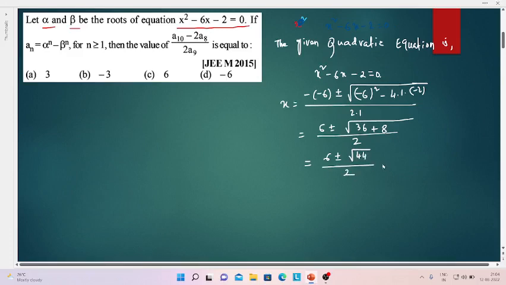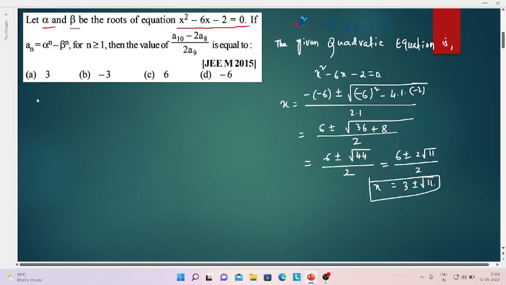Upon 2. So we can write this 44 as plus minus 2 root 11, right? Upon 2. After taking common and cancelling the numerator and denominator by 2, we'll have 3 plus minus root 11, right? So x equals to 3 plus minus root 11.